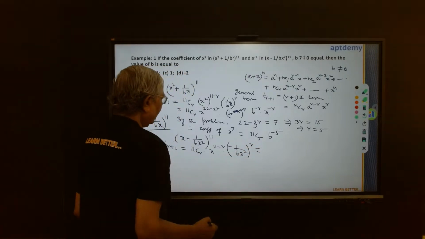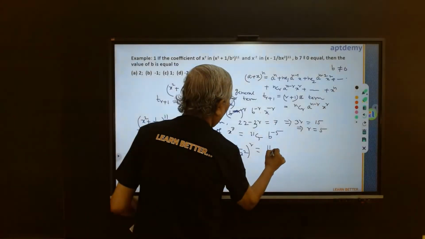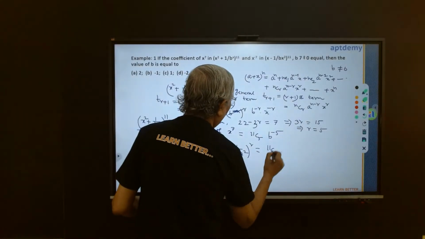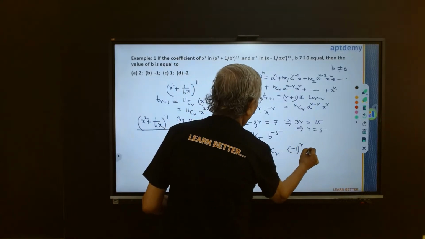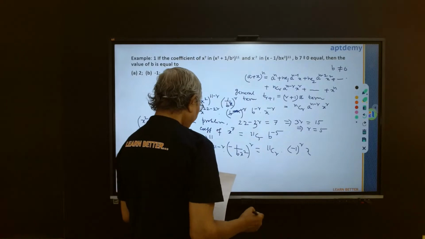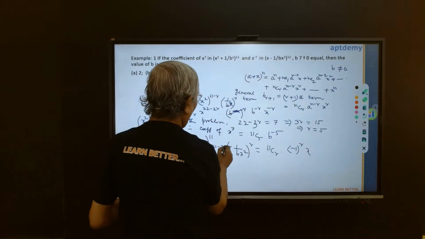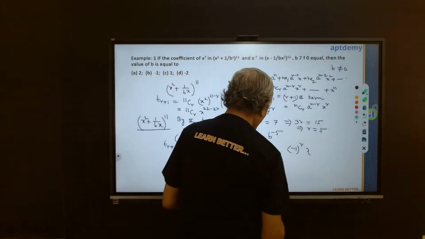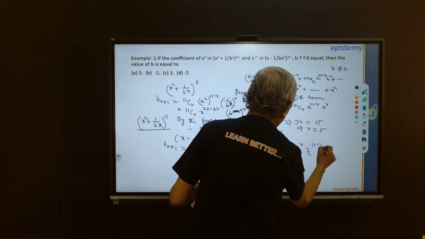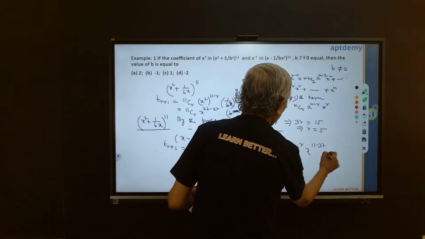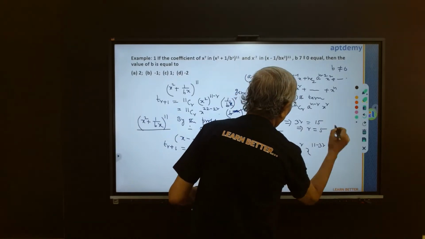If we simplify this, it will come 11Cr into minus 1 to the power r into x to the power 11 minus 3r into b to the power minus r.